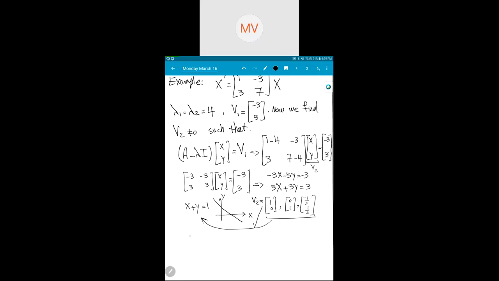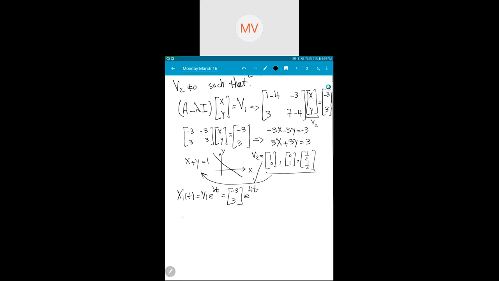So for that reason, we already know what x1 was. Our x1 was v1 e to the lambda t. Let's rewrite it: negative 3, 3 e to the 4t. And x2 is (v1 t plus v2) e to the lambda t. Let's write down those vectors: negative 3 and 3 times t plus the vector we picked, 1, 0, close it, and then e to the 4t.